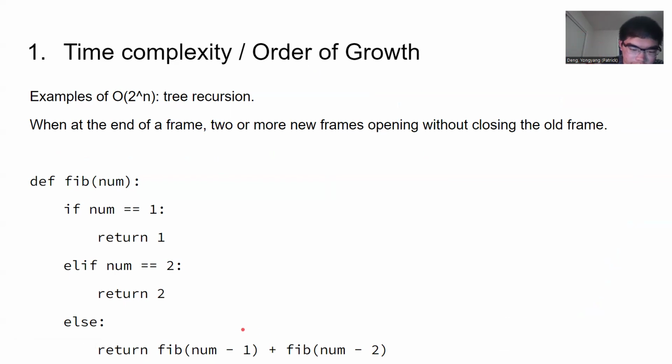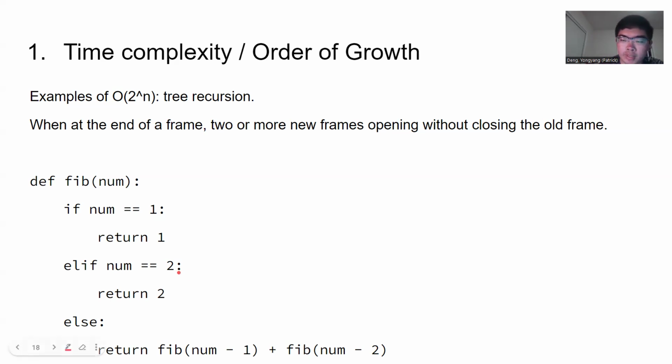For this function, if I call the Fibonacci function, I have to open one frame. And at the end of the function, if the number is not 1 or 2, I have to call another 2 recursive calls.